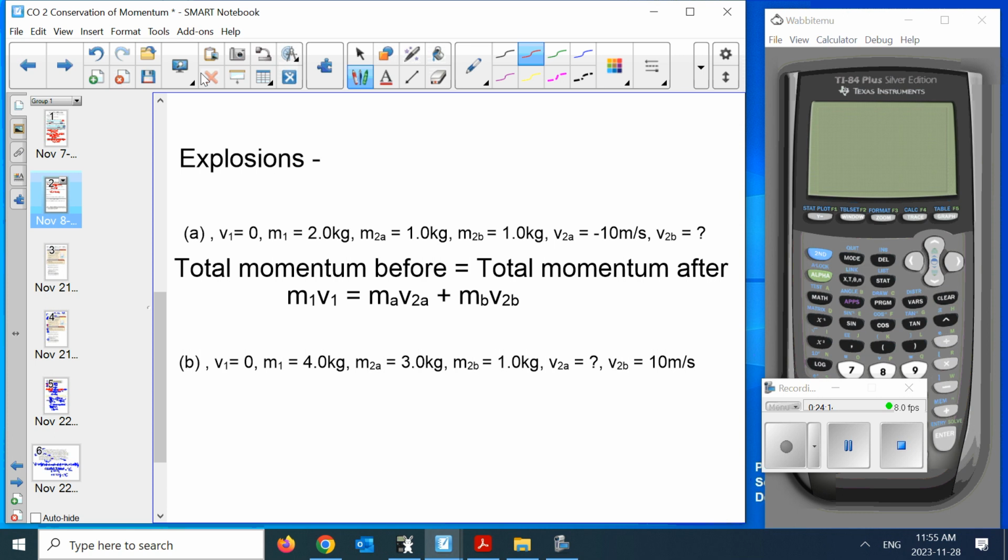This is really the same equation, though. The momentum before, it's just that it's all one lump. Okay? M1 is 2 times 0, so I'm going to just put 0. MA, 1 kilogram. V2A, -10. And we solve.